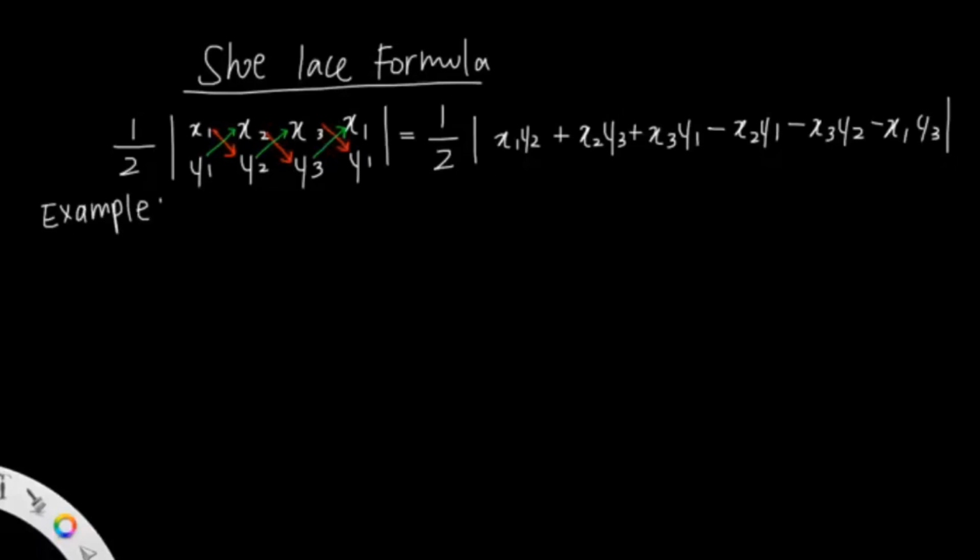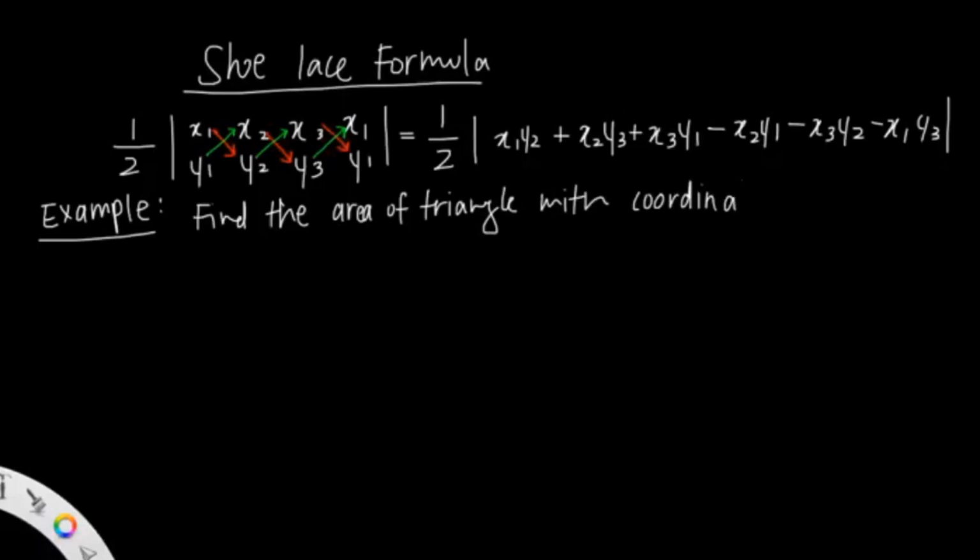So let me give you guys an example. Find the area of triangle with the coordinates A, which is 0 and 4, B, which is 3 and 6, C, which is -5 and 2.